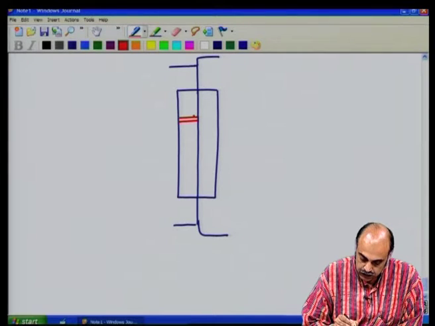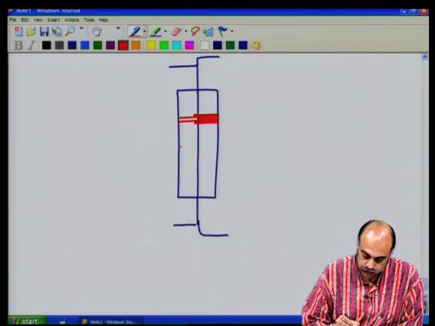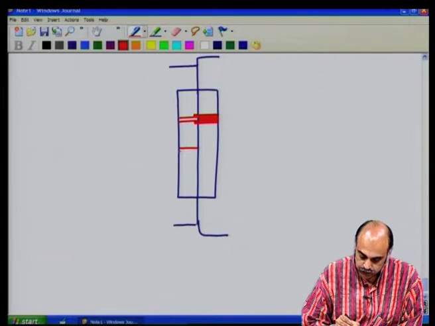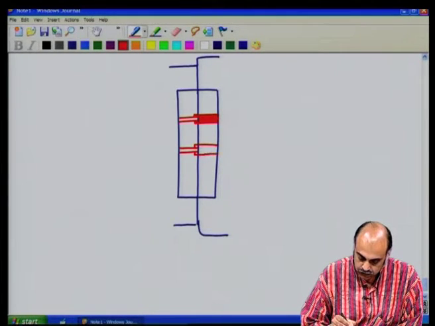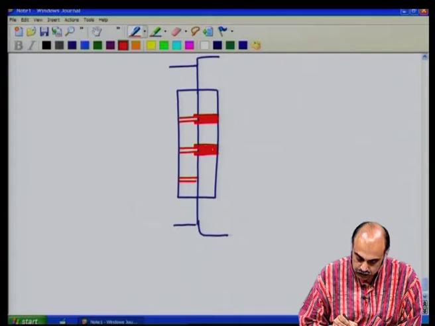So, let us say we have this is one connector, male and female, and then you have, let us say, one more such connector, and let us say you have a male and female of those connectors. They are connected together here, and I will take a third one.